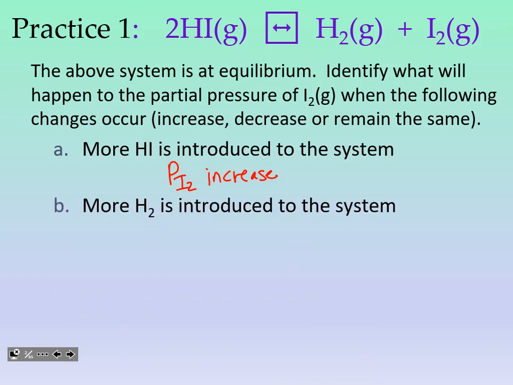That's important. All right, we're adding more H2 to our system. What happens to our iodine in this case? It's going to decrease. I agree. Why is it going to decrease?